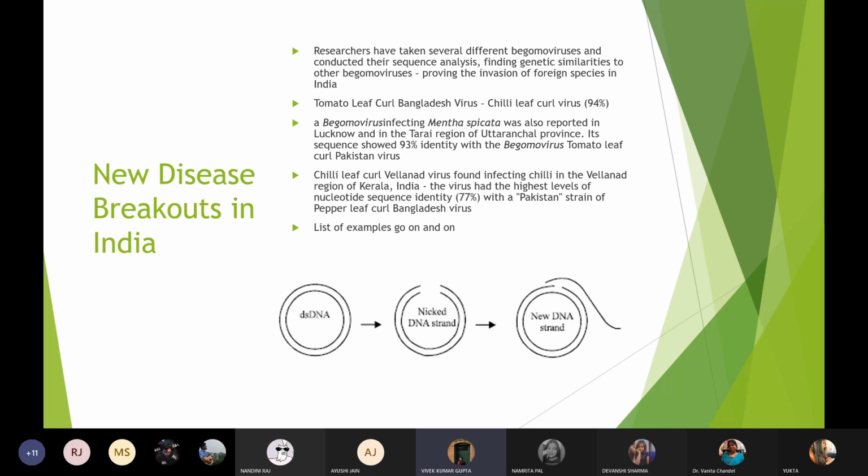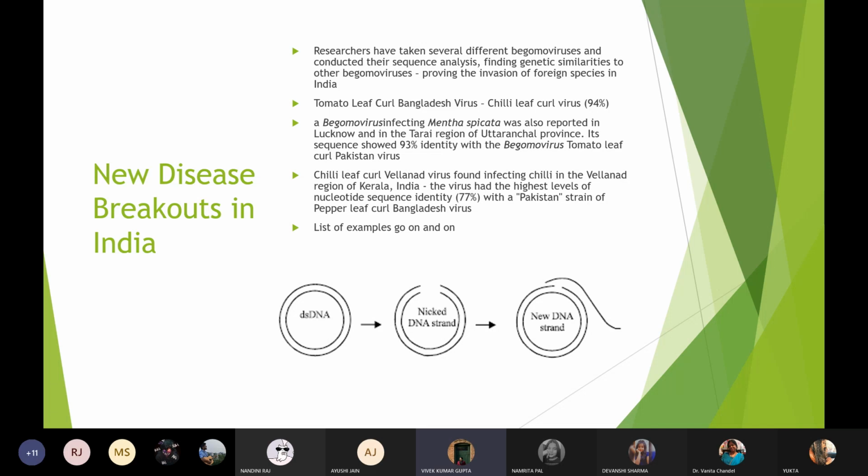Moreover, a Begomovirus infecting Mentha spicata was also reported in Lucknow and in the Tarai region of Uttaranchal province. Its sequence showed 93% identity with the Begomovirus tomato leaf curl Pakistan virus. Now, basically, seeing that certain viruses found in India have sequence identities with viruses in other countries goes on to show that yes, there has definitely been an invasion of foreign species in India.